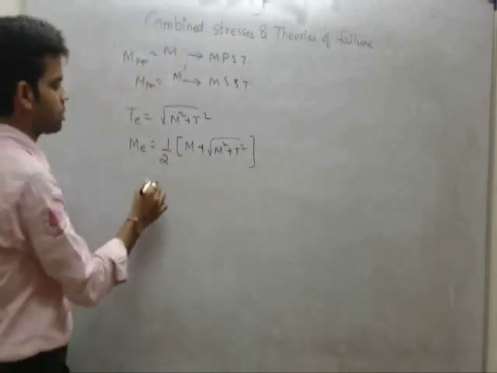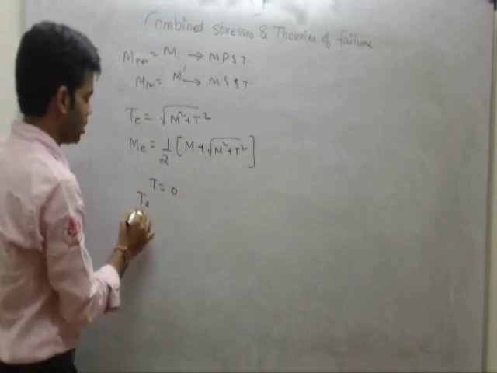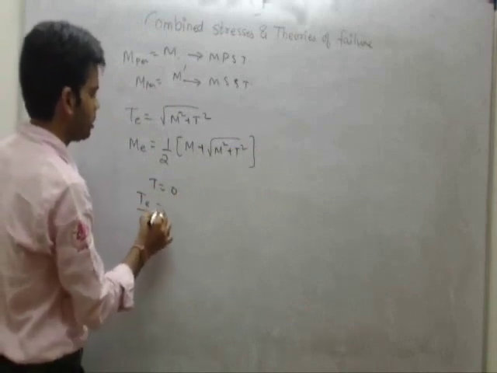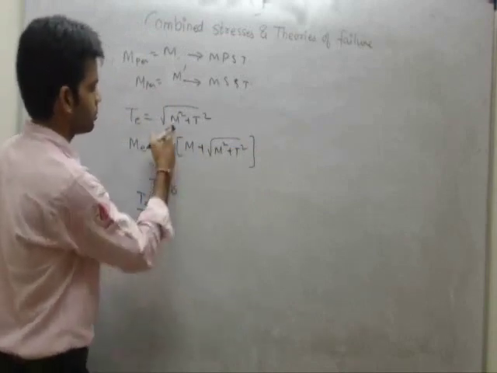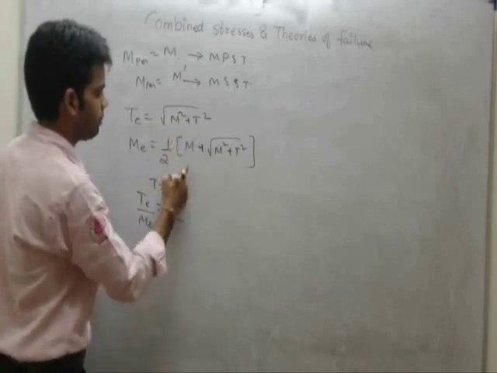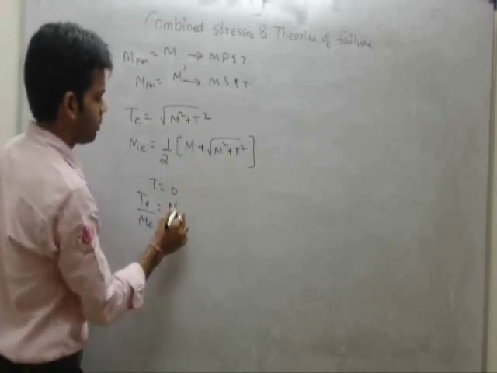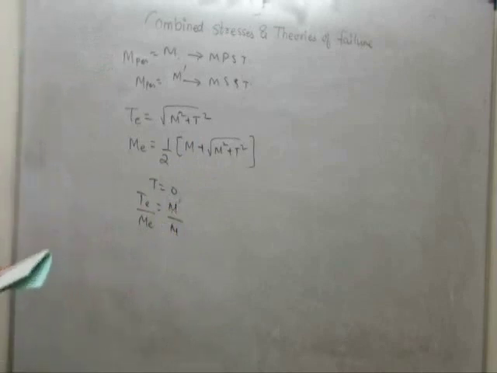Since T is equal to 0, therefore TE by ME will be equal to M upon M dash upon M. Now just put the values.